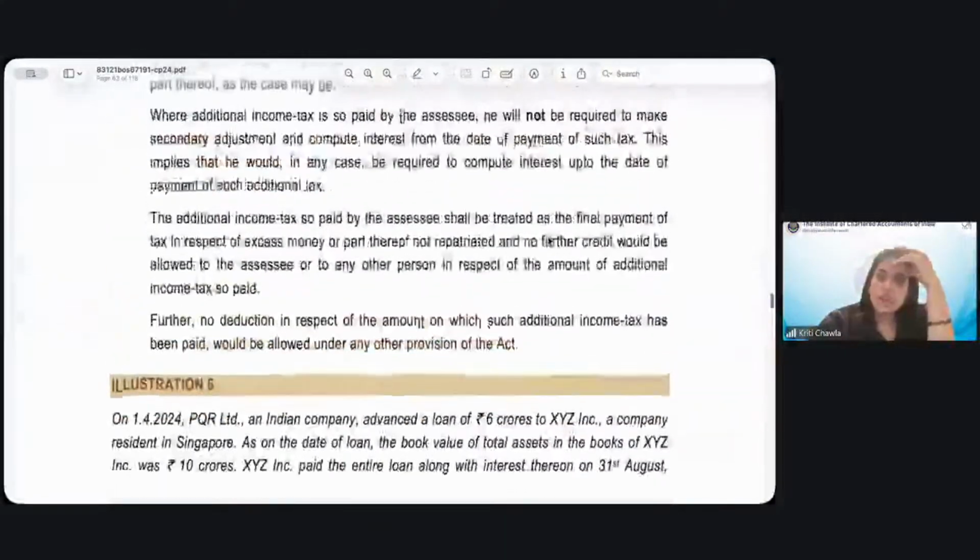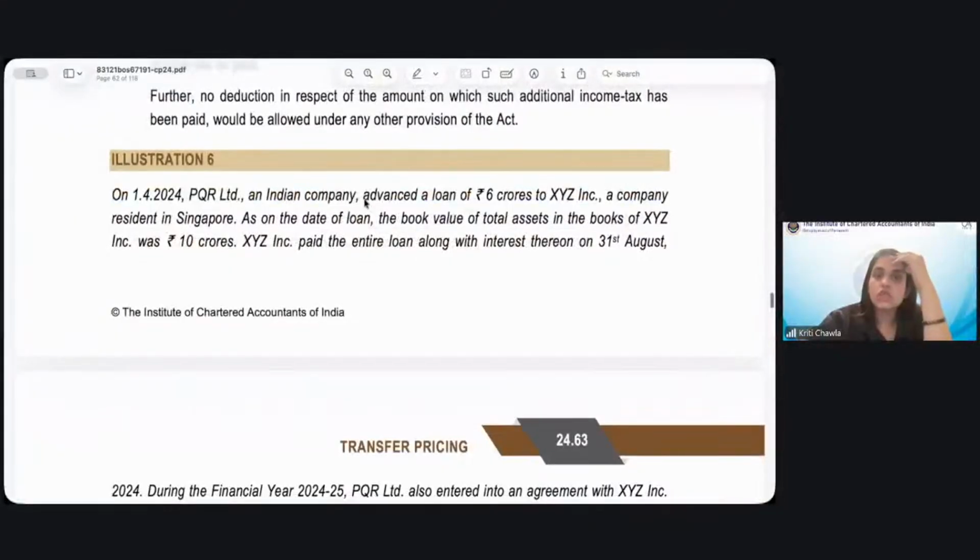Well, if you look at the question, they talk about advancing of loan. The moment you see this terminology, advancing of loan, you know that section 92A, subsection 2, clause C will be applicable. Why clause C?